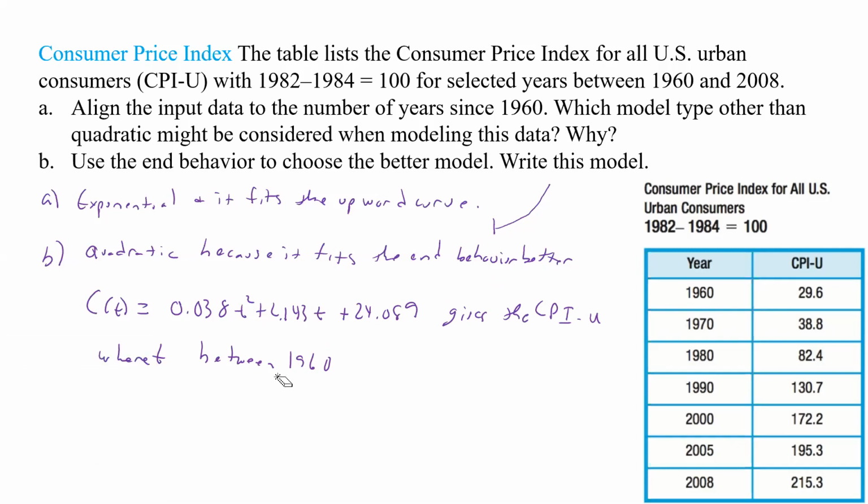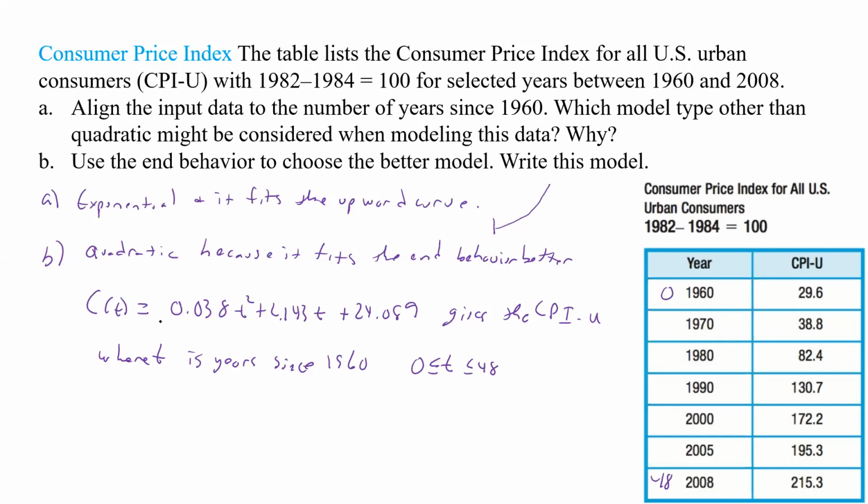Then we can write the actual inequality where t is years since 1960, and t is going to be less than or equal to 48 but greater than or equal to 0, because that was the 0 and that was our 48, so that was our range.